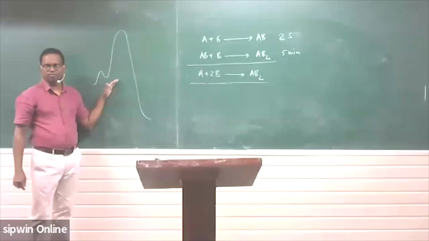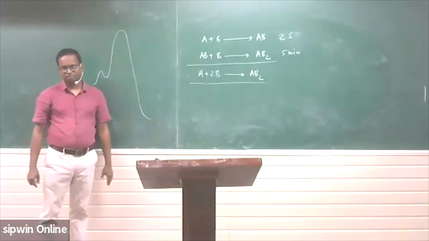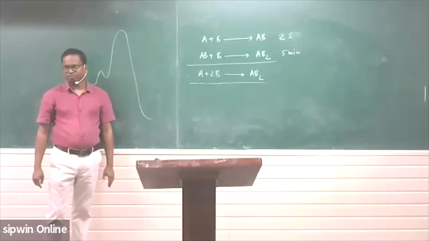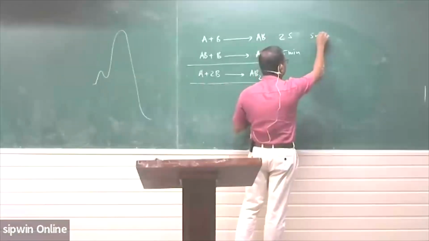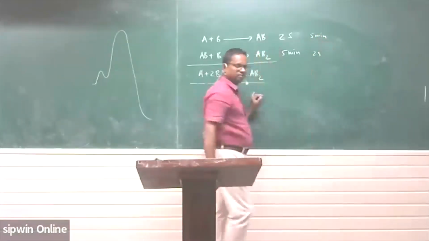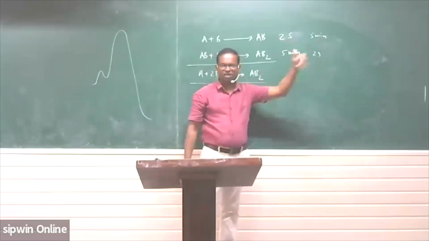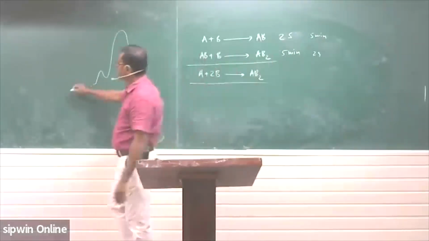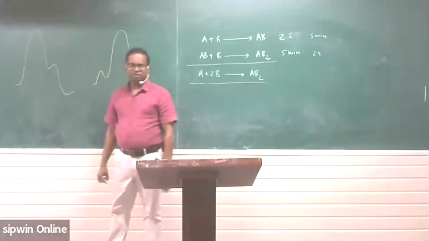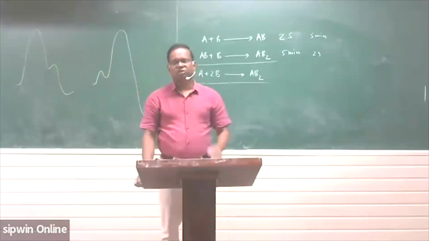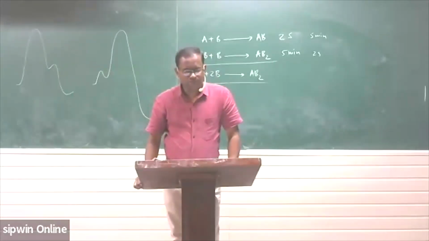Within 2 seconds, okay, but after that a long time. 5 minutes, 2 seconds. So in a multi-step reaction, the slowest step we call the rate determining step.